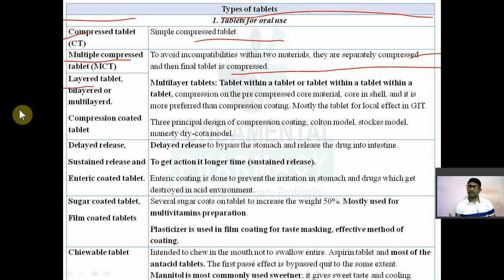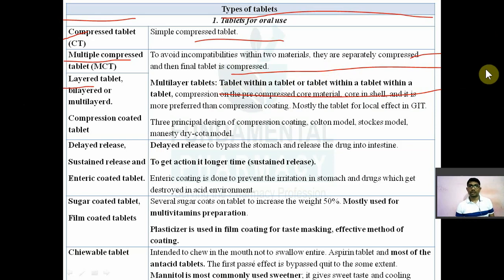So in this case a tablet within a tablet is known as a bilayer tablet, and a tablet within a tablet is known as a multi-layer tablet. So multi-layer tablet means what? Tablet within a tablet. मतलब देखो यार इसके ऊपर भी क्वेश्चन आ चुका है. मल्टी लेयर tablet, tablet within a tablet मतलब एक tablet के अंदर दूसरा tablet है, और दूसरे के अंदर और एक छोटा दूसरा है.